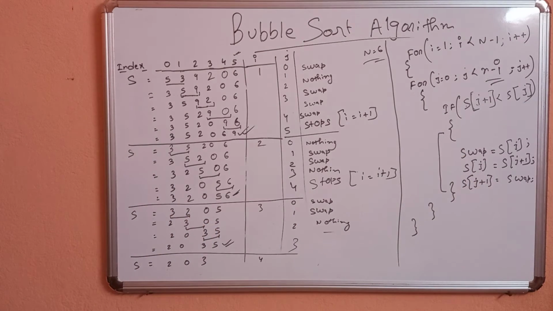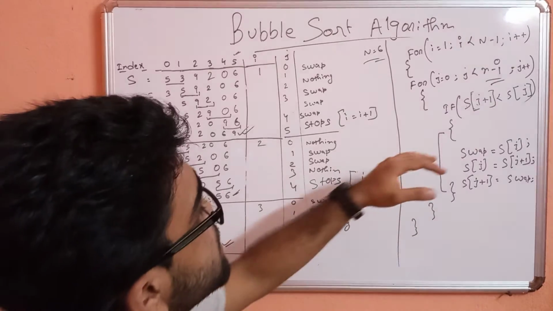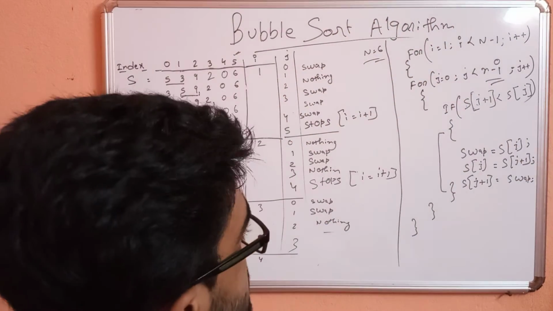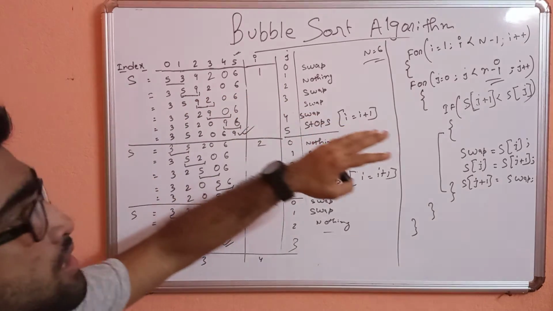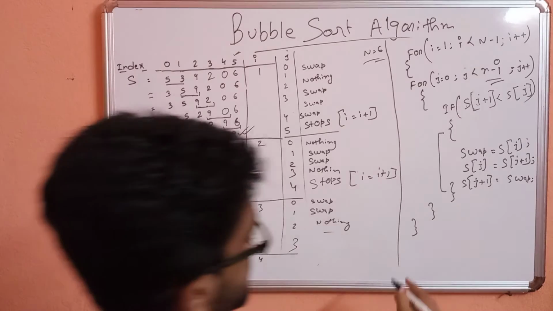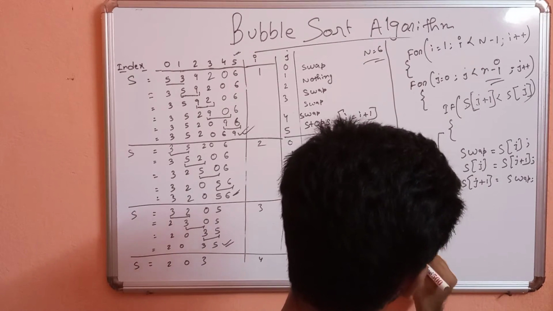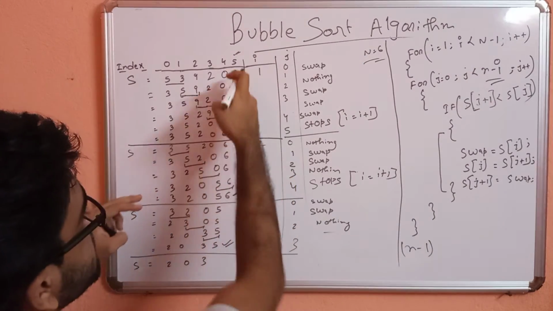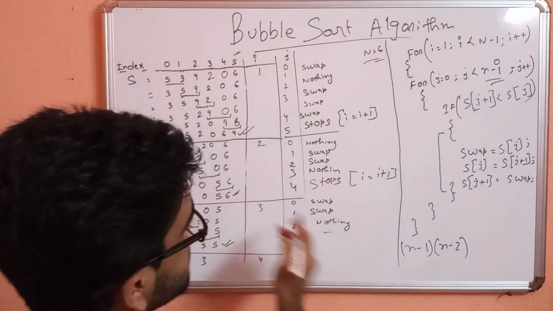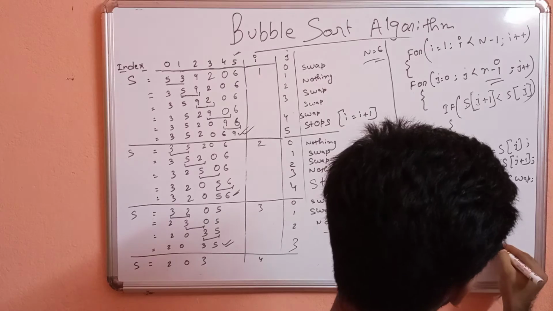Before that, let me tell you the time complexity for this algorithm. First, n minus 1 elements are compared, then one element is decreased, n minus 2 elements are compared, then n minus 3.